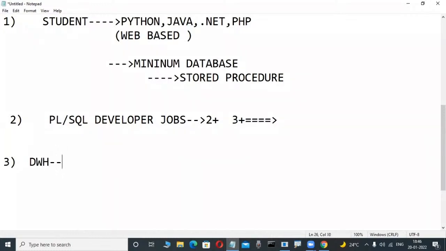In that, there are ETL programmers and reporting programmers. ETL means extraction, transformation, and loading tools. These persons need a little bit of SQL knowledge; PLSQL is not required. Having that idea, they learn the tools in institutes also. Informatica is a very popular tool.